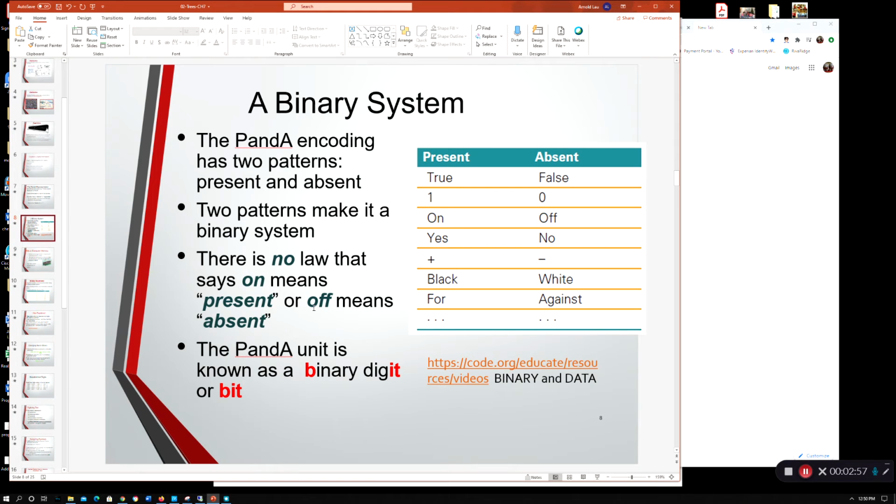Okay, nothing says that one has to represent one thing or another, just as long as you're consistent throughout the system. If the person sending the message and the one receiving the message are on the same page as to what 1 means and what 0 means, then you're fine. Of course, you have a problem if not everyone is thinking about the 0 and 1 in the same way.